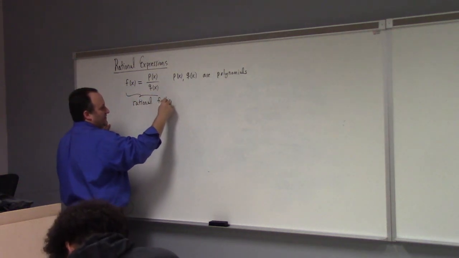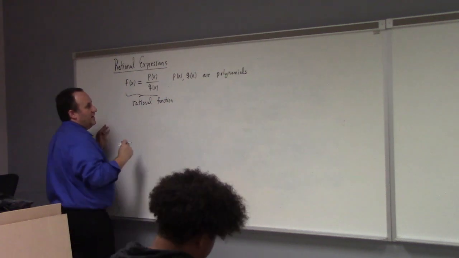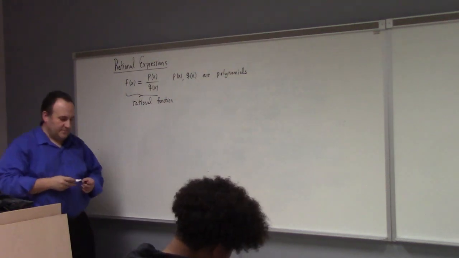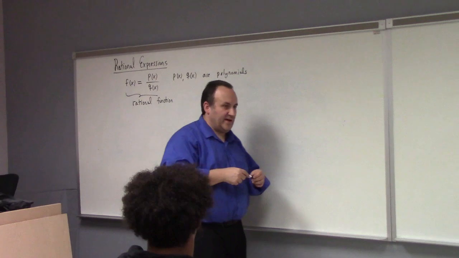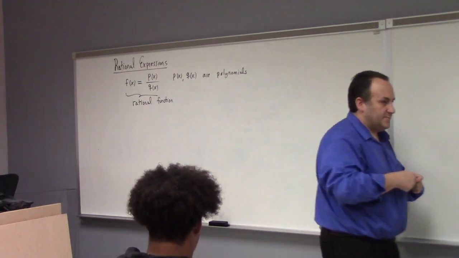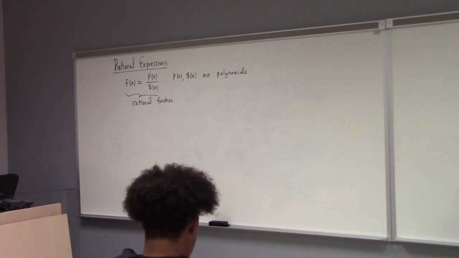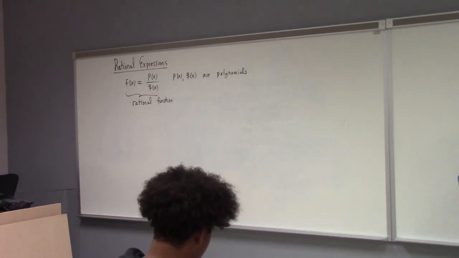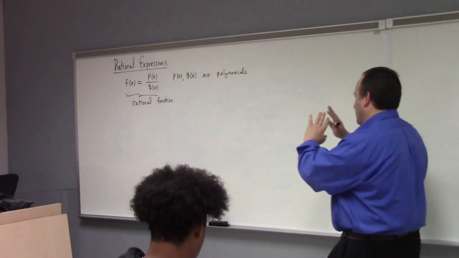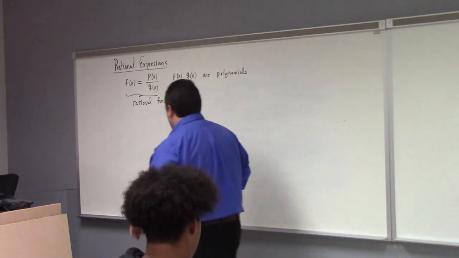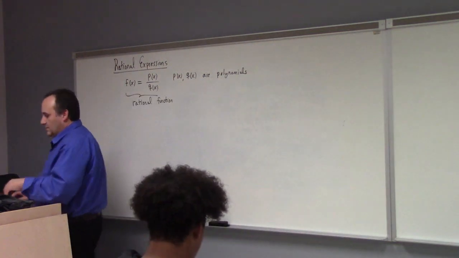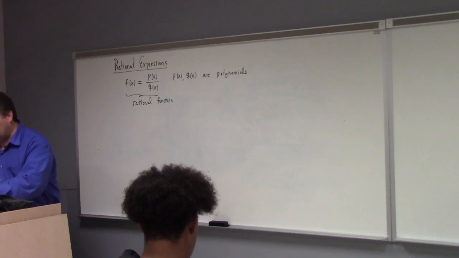So rational functions are functions whose formulas are built from fractions of polynomials, all right? And you can also have sums of these things. We'd still count it as a rational. So that's sort of a standard form, but you'll see that we can have other patterns.